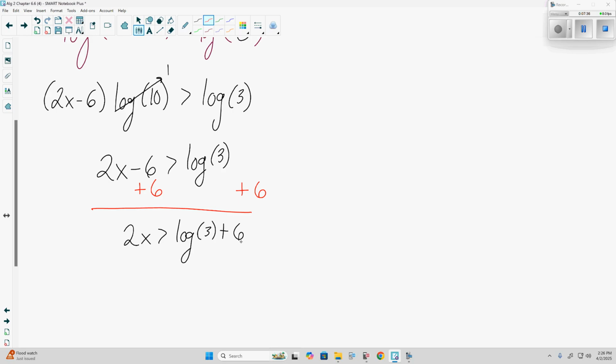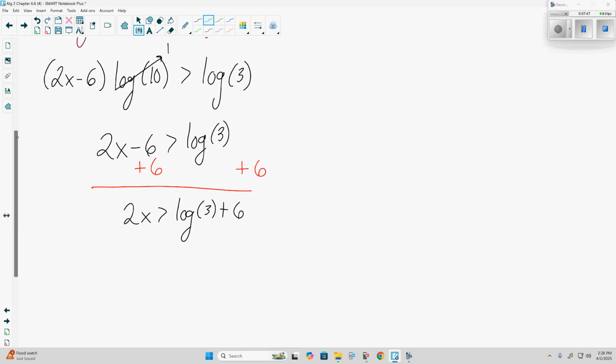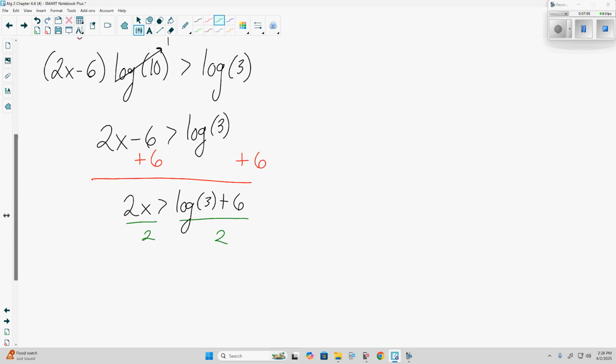And then the last thing we would need to do is divide by 2. It would not simplify. The 6 and 2 won't simplify because of the log 3.